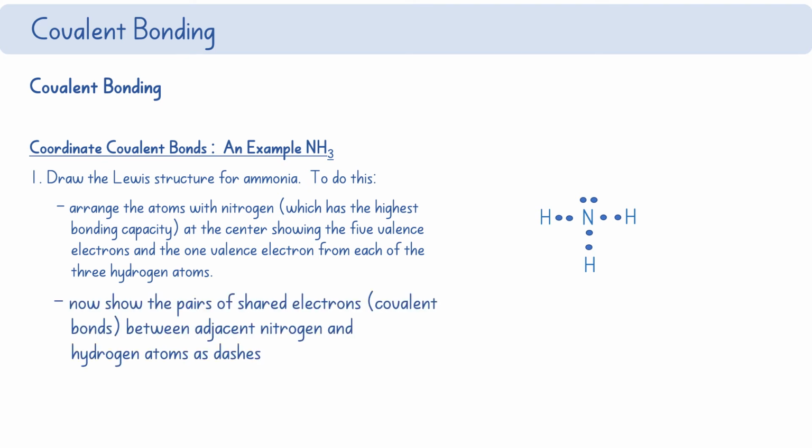Now show the pairs of shared electrons or covalent bonds between the adjacent nitrogen and hydrogen atoms as dashes. You will see the nitrogen still has 1 lone pair and 3 bonded pairs with hydrogen.